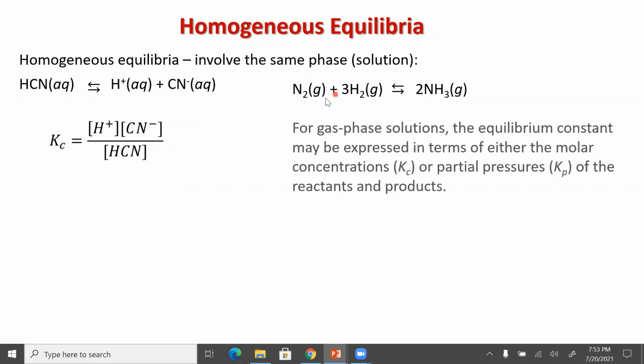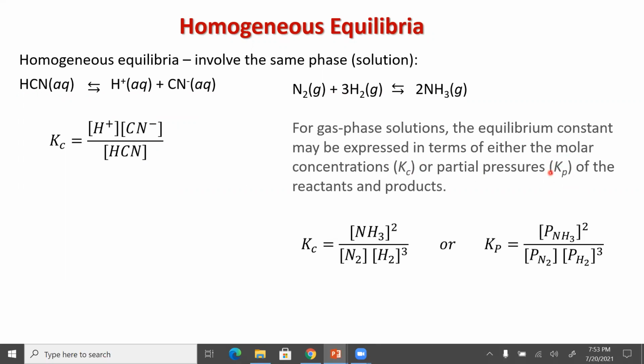Now, when we talk about gases, we can talk about gases with respect to their molarities, their concentrations, or we could talk about them with respect to their pressures, and they're directly related to each other. So we could say it's the products over the reactants raised to the power of the coefficient in the balanced equation in terms of concentrations.